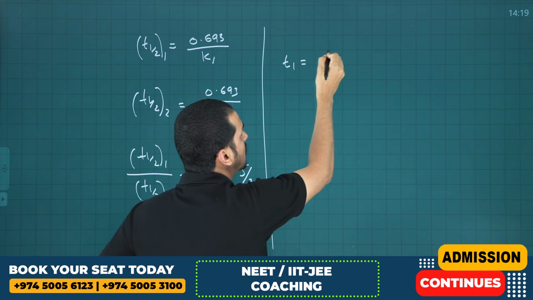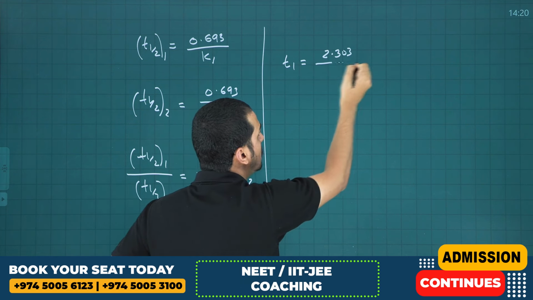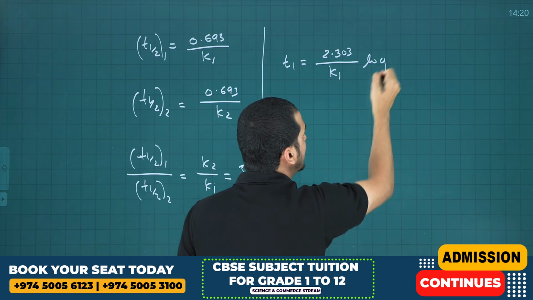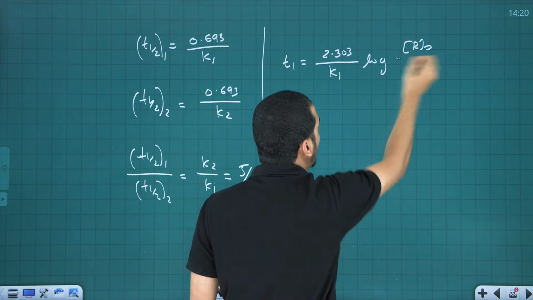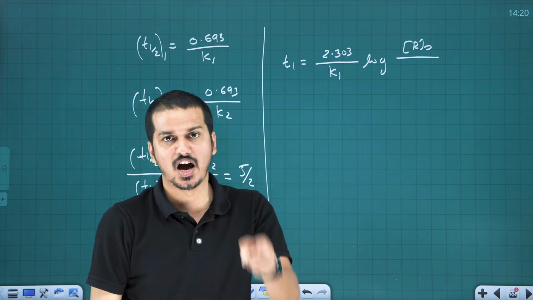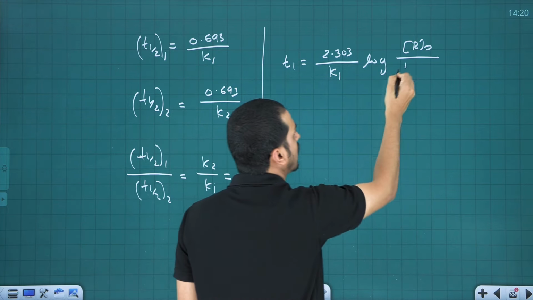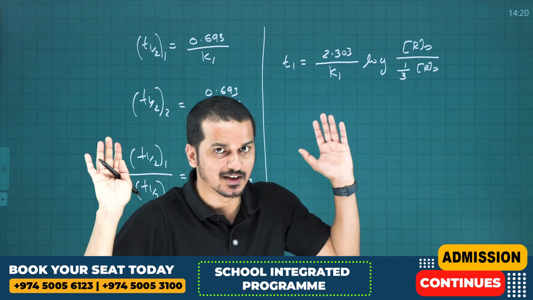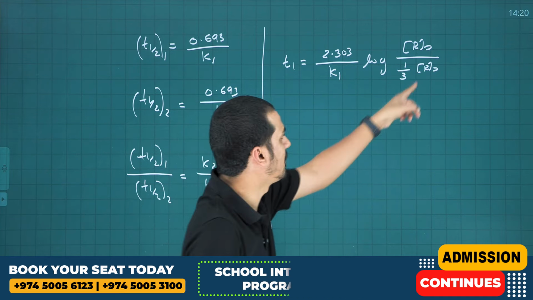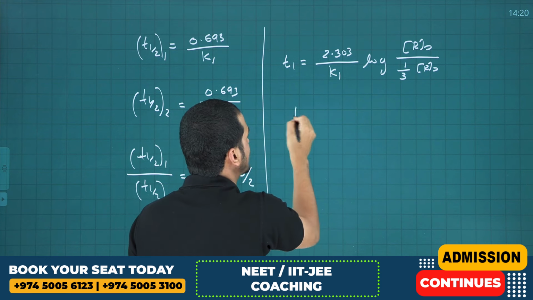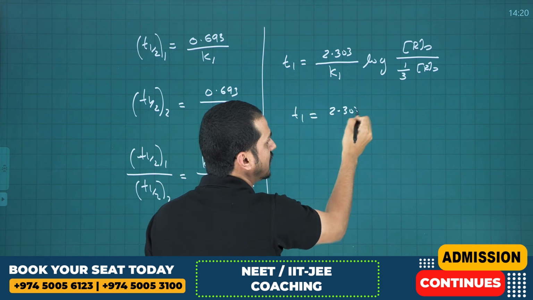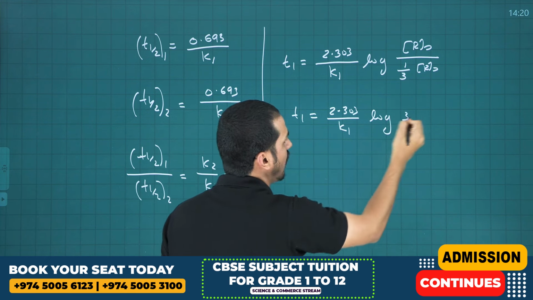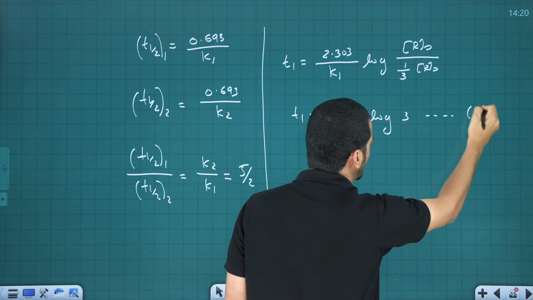Meaning T1 is equal to 2.303 by K1 into logarithm of initial R0 by final. 2 by 3rd completed means how much will be remaining? 1 by 3rd of R0. R0 I can cancel. So that will be equal to 2.303 by K1 logarithm, this becomes log 3. I got another equation, I will take it as 1.